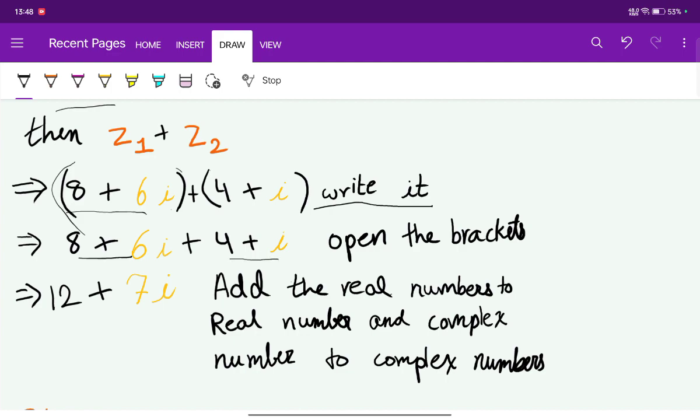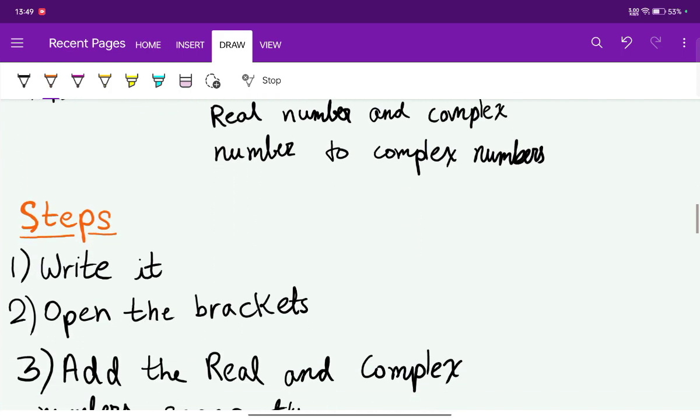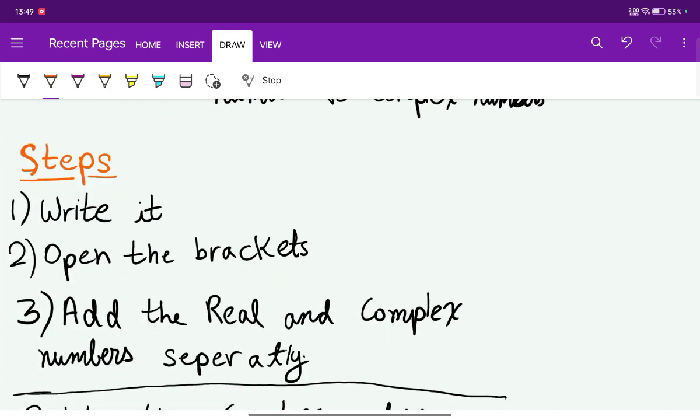Then we add the real and the complex numbers separately. Here are the steps. First we have to write it, then we have to open the brackets, and add the real and complex numbers separately.